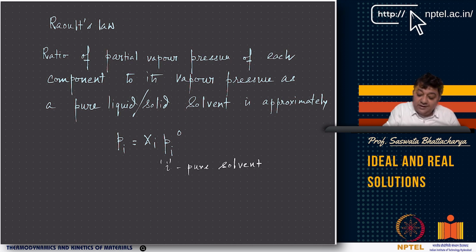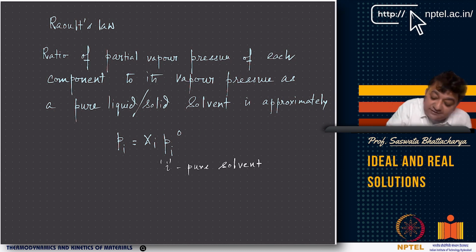So when pure, we again use this superscript of 0, and then we say the partial vapor pressure when these components are mixed is proportional, equal to the mole fraction of component I times the vapor pressure exerted by the vapor of component I when I is a pure solvent.